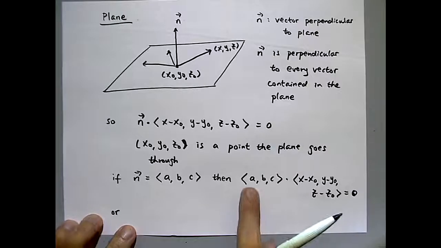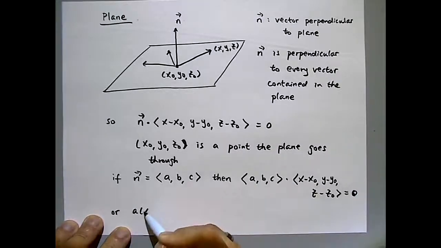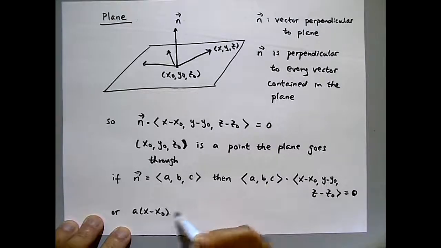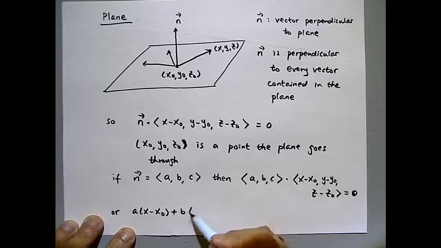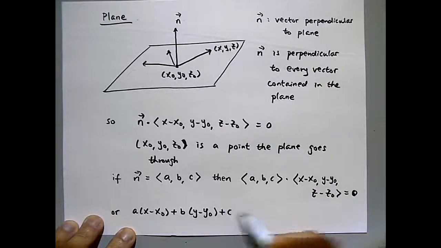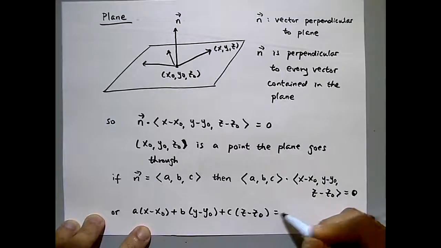Or you can write it this way: a times x minus x0 plus b times y minus y0. This is how we do dot product. Plus c times z minus z0 equal to 0.